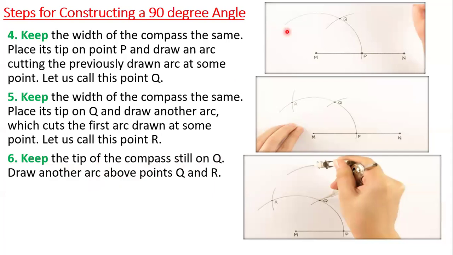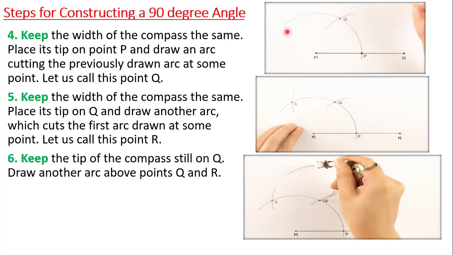Keep the width of the compass the same. Place its tip on the point P and draw an arc cutting the previously drawn arc at some point. Let's call this point Q. Keep the width of the compass the same.